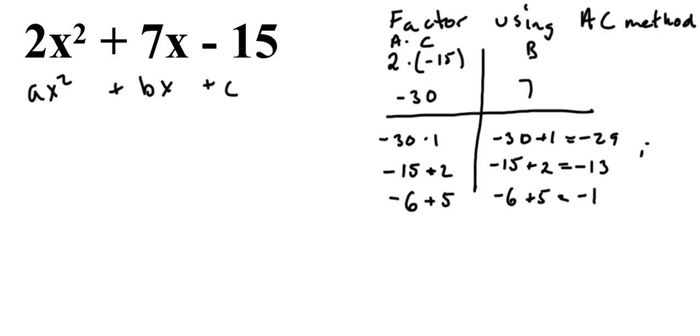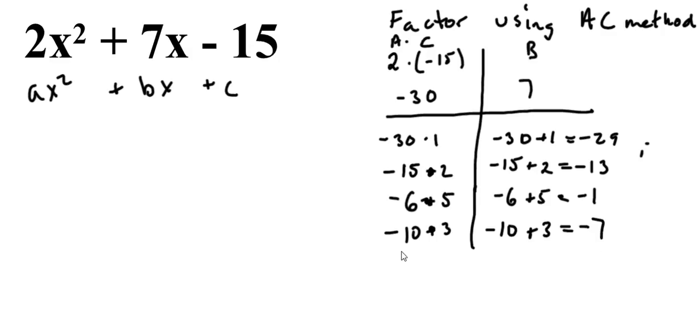If we took negative 10 times 3, these are products, and negative 10 plus 3 equals negative 7. Hey, that's almost like 7.